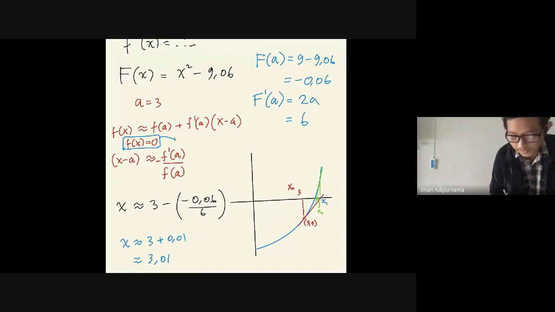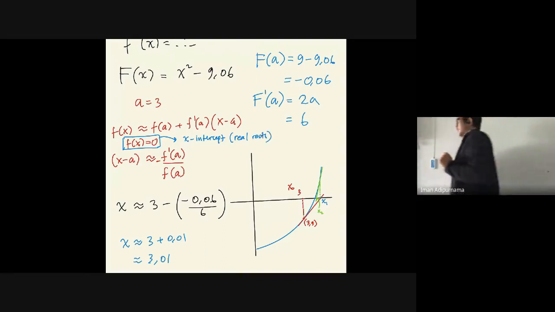So meaning f(x) is 0, meaning you can find the x-intercept or real roots. I'm moving Newton's method to this chapter just to show you that actually we are dealing with the same expression here.